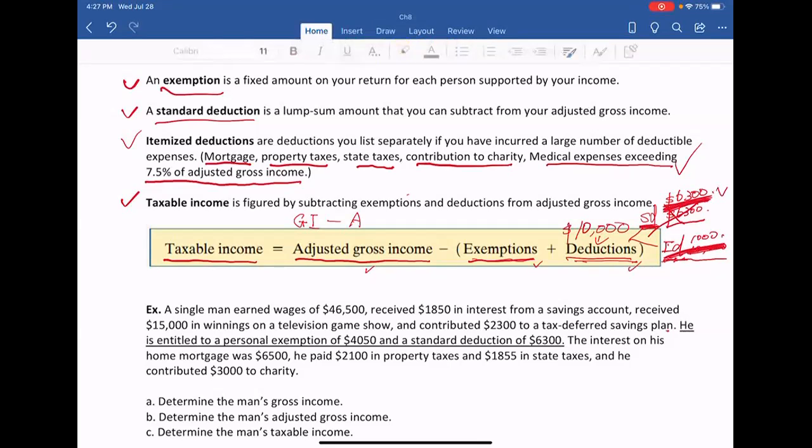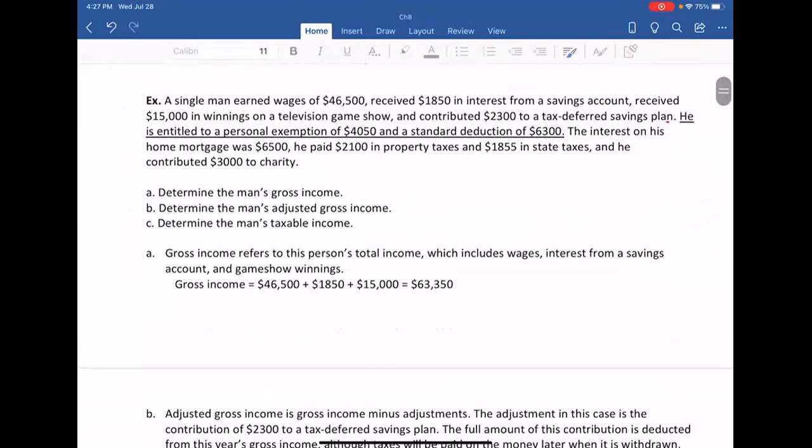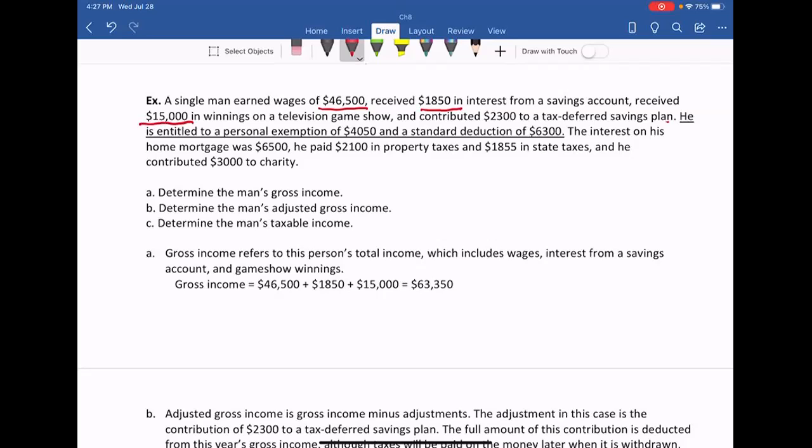Let's move on to see the example. A single man earned wages of this amount and received this amount in interest from a saving account, received $15,000 in winning a television game show, and contributed this amount of money to a tax deferred saving plan. So by now, we find the gross income he has is this one and this one. We need to add them together. That's his gross income.